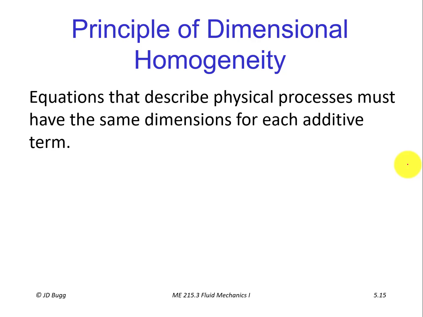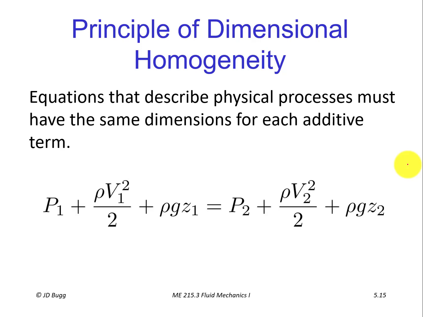Well, it says that equations that describe physical processes, so essentially all the equations we're dealing with, must have the same dimensions for each additive term. Now, you've probably heard this principle before, and in practice we use this all the time because we tell you to check the units of your equations to make sure that the units of every term in your equations is the same. And you can prevent a lot of little numerical errors by doing that.